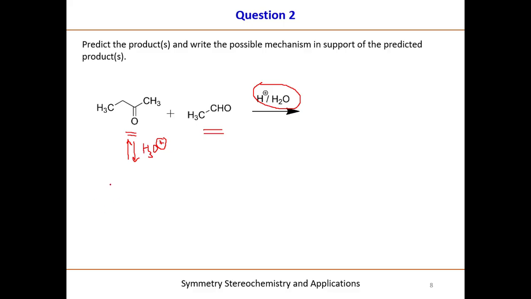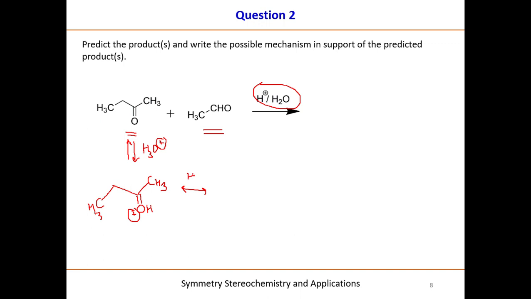So protonation will take place and we will get C=OH here because protonation is taking place here. And this is CH3, CH2, CH3. Okay. Then enol formation will take place.